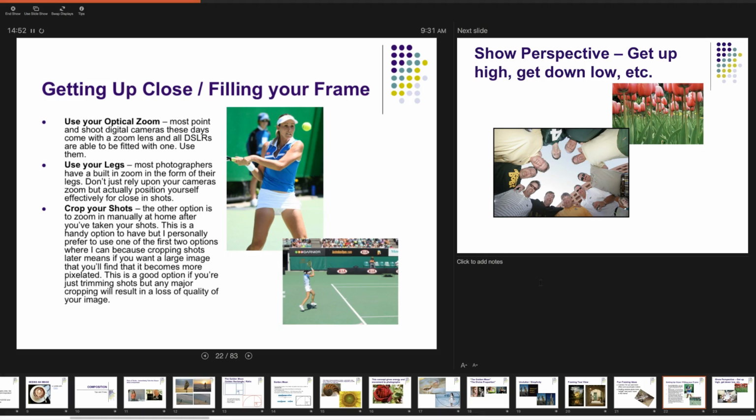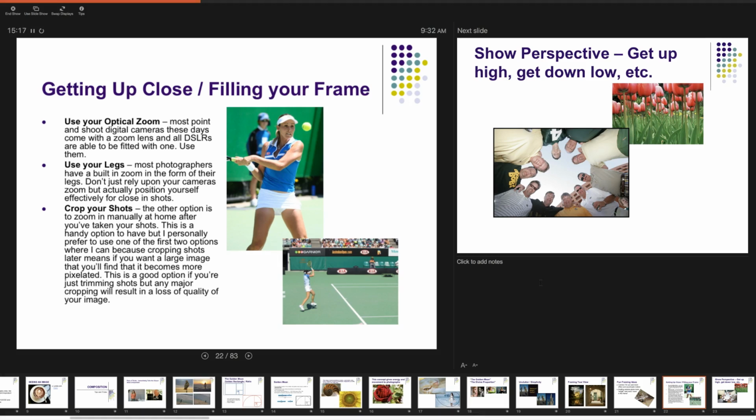And then cropping your shot is another option that you can do. So the shot of the lower right, if you wanted to get closer to the subject, you could go in Photoshop and crop down to this point, but the thing that you have to remember is the quality that your camera can record, however many megapixels. Say it's 12 megapixels.